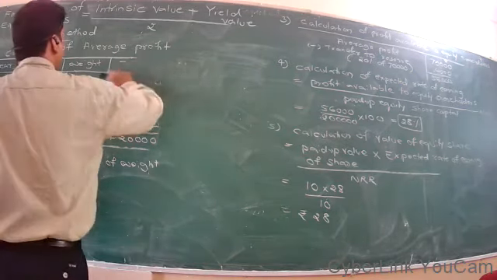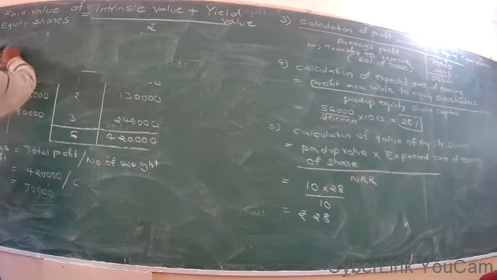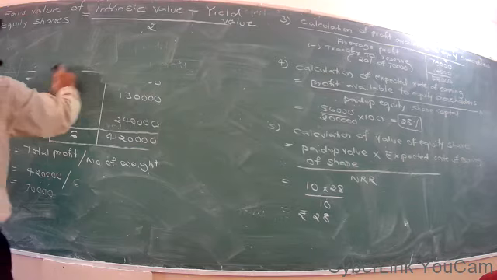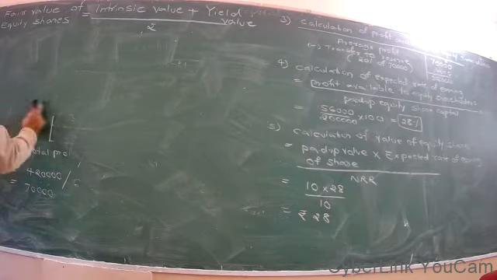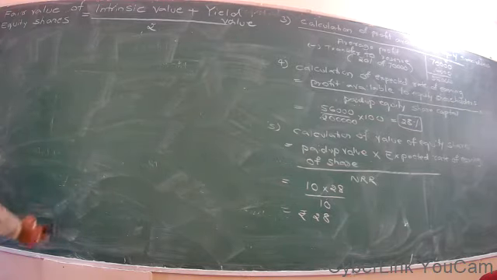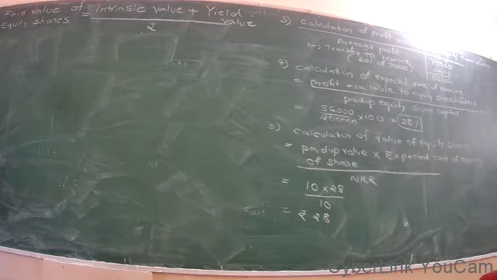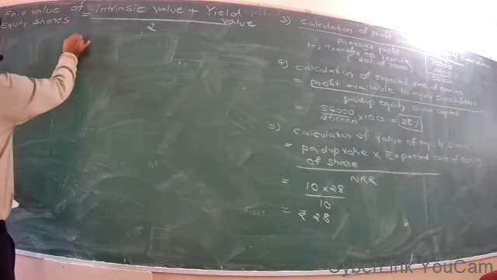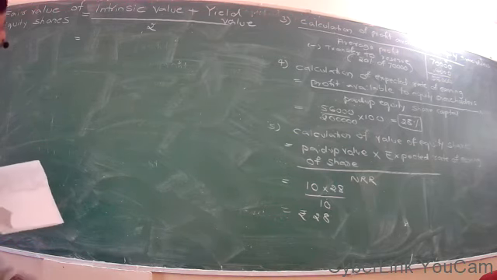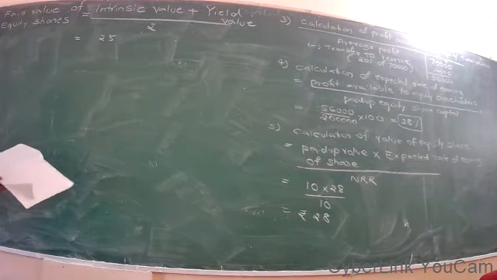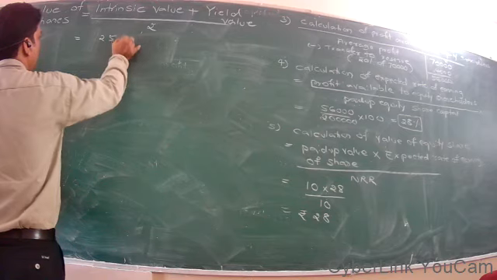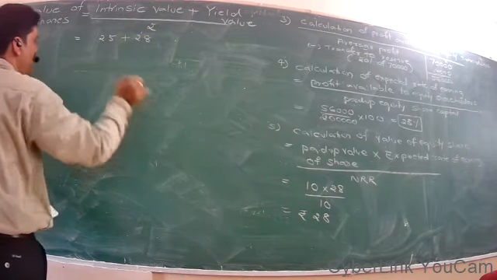Now we'll come to the last stage, the sixth step: the calculation of the fair value of the equity share. Under the intrinsic value method, you have calculated the value of the equity share as rupees 25, and under the yield method it is rupees 28.